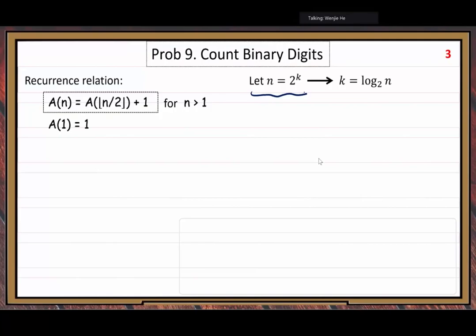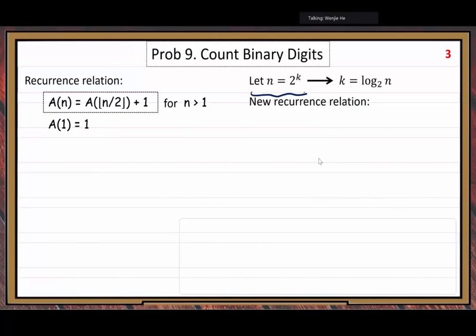That's k. New recurrence relation: under this big assumption, let us rewrite our original recurrence relation in a new, more friendly format, and in this new format, all the floor functions are gone.